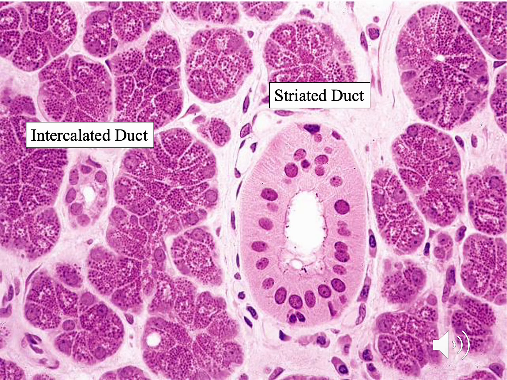This is a very nice histological example, again, of the parotid gland that depicts the comparison between the intercalated duct and the striated duct. So you can see a marked difference in size of the ducts, viewed here, of course, in cross-section, and quite a distinct difference in the appearance of the cytoplasm as well.